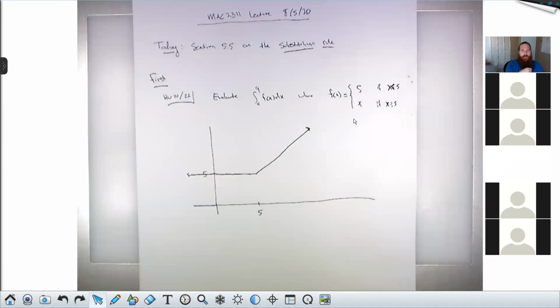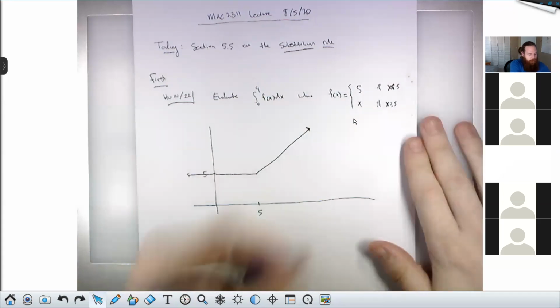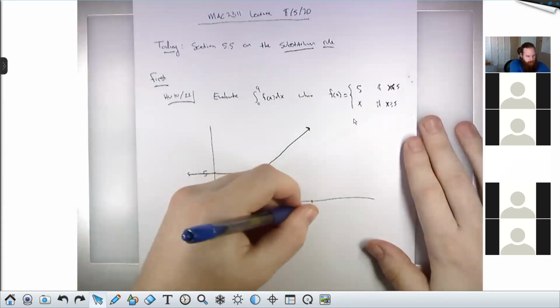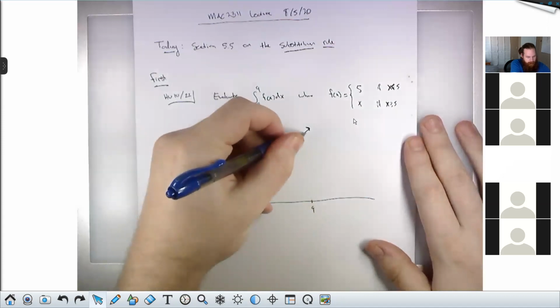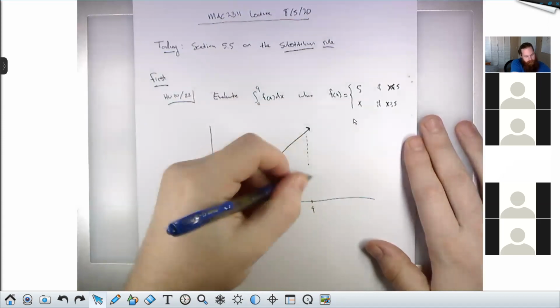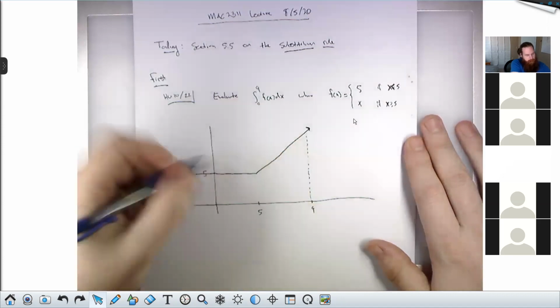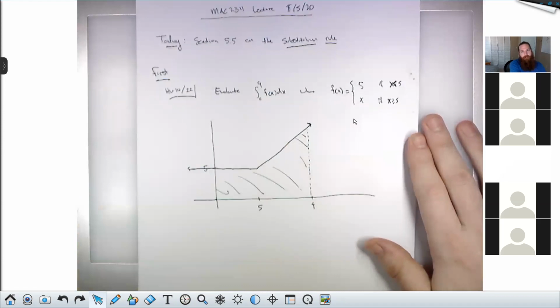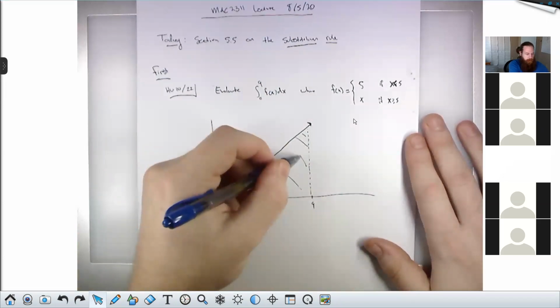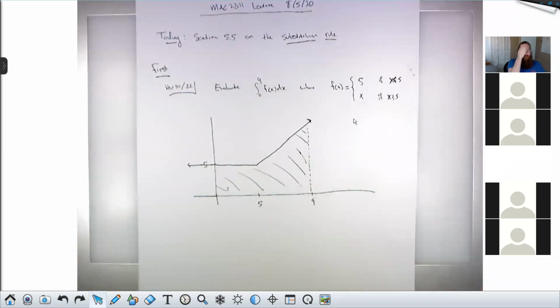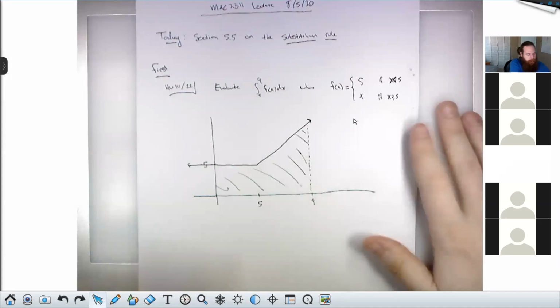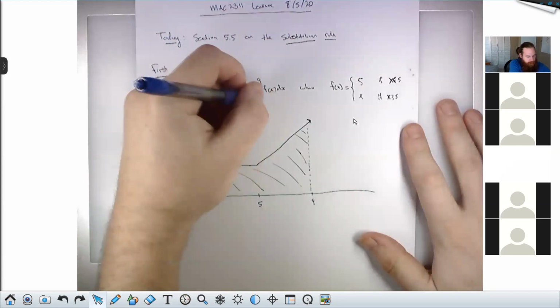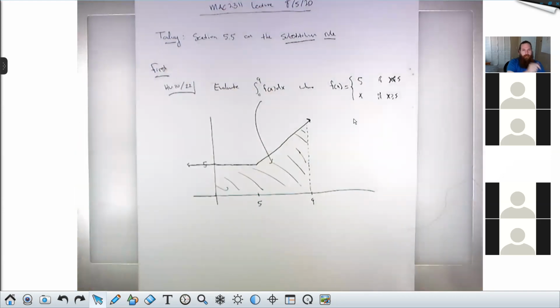And they want us to find the integral from 0 to 9. So mark this as 9. So the integral from 0 to 9 is all this area. I would think of this as a geometric area problem.